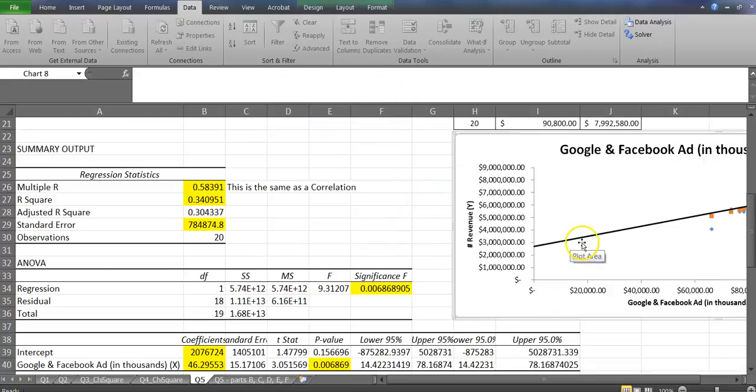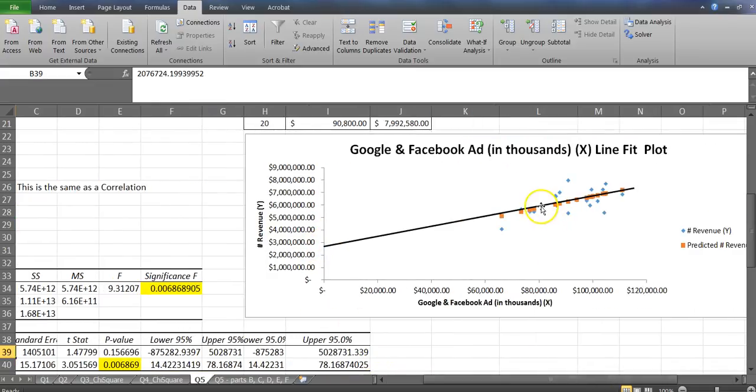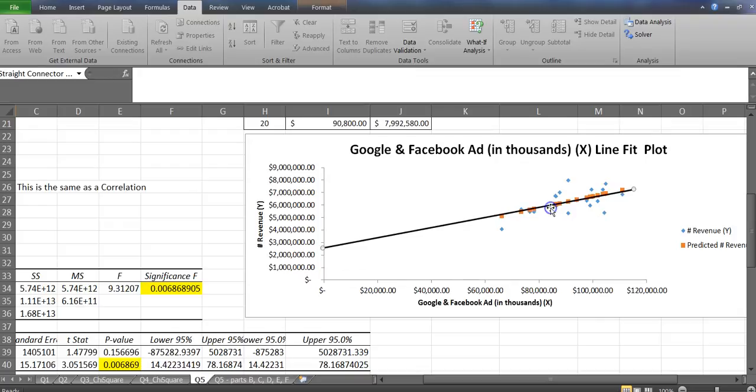I drew this line in here because this intercept number here, 2,076,724, that's the number where the prediction line crosses the y-axis. So in this particular example, when you check the box, it gives you kind of a dotted line, but if you actually drew a line to where it crosses the y-axis, that's pretty much it right there.